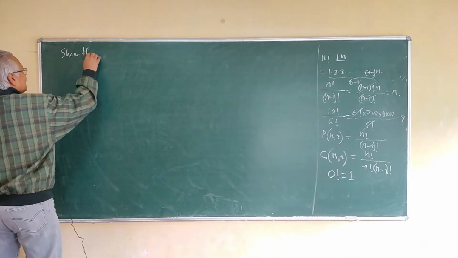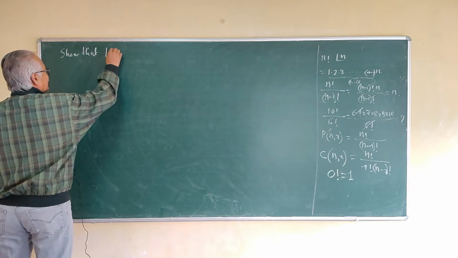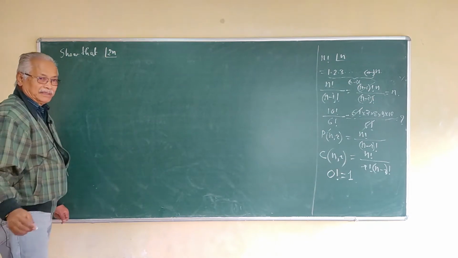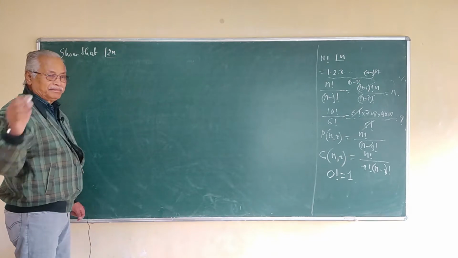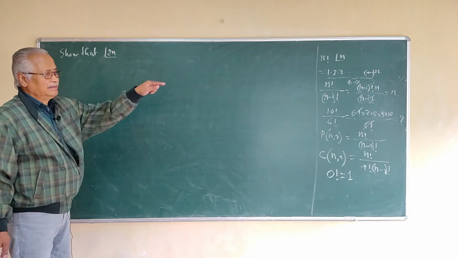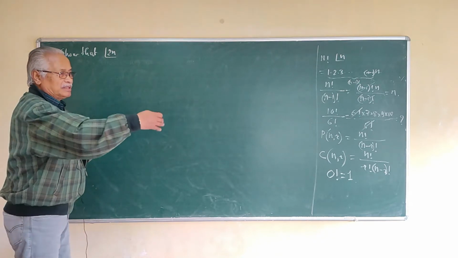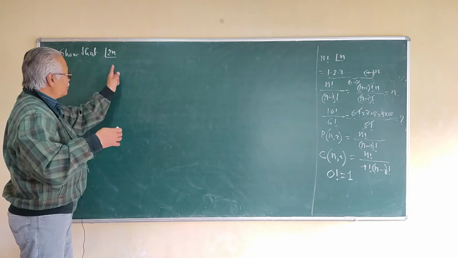Show that factorial twice n. What is factorial twice n? That is 1 into 2 into 3 into up to n, then n plus 1 multiplied with a greater quantity till it reaches twice n.